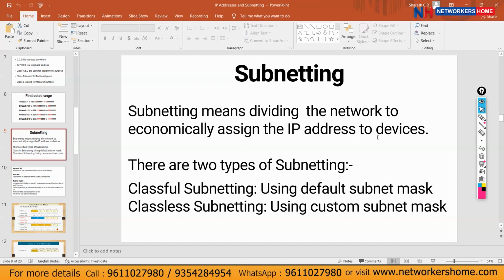Now class A, B, C, we have such a huge range of IP addresses, but we have only 10 devices in the network, correct? So how do we economically use all the IP addresses present in the network? For example, take 1.0.0.0.